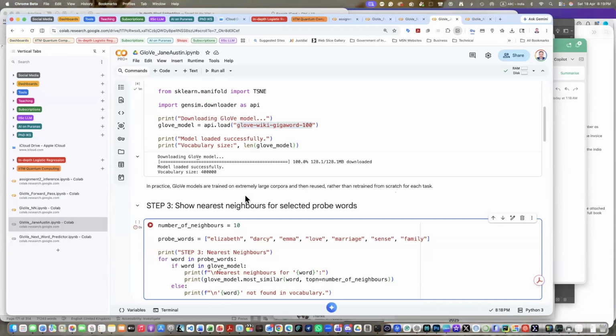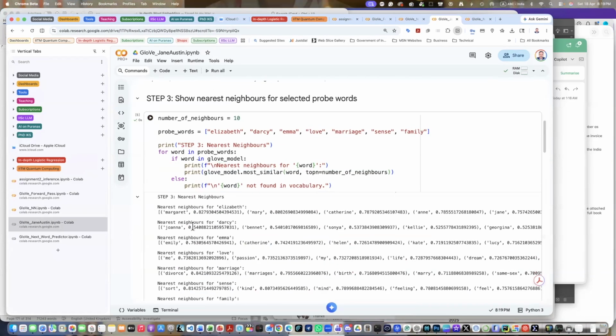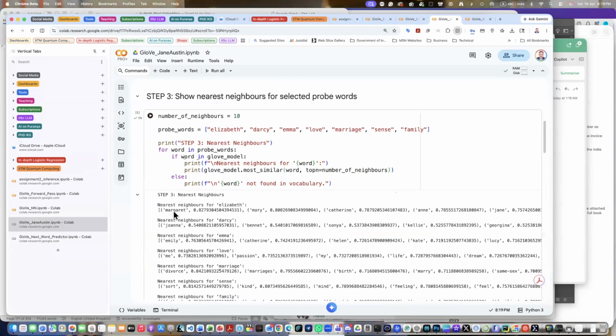Okay, so now I have got the Jane Austen data, and it has got a huge vocabulary of 4 million. Now what I do is try to find the neighbors of these words that are there in Jane Austen's book. There are these names and these words, and let's see. I find the 10 nearest neighbors. So you notice that for Elizabeth, it gives the words Margaret, Mary, Catherine.